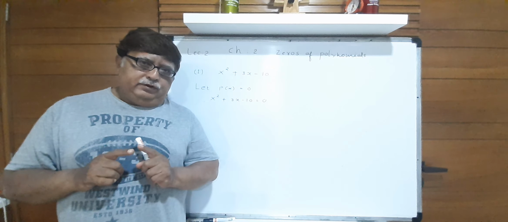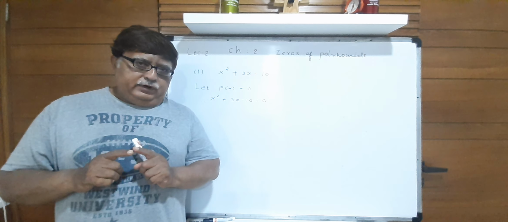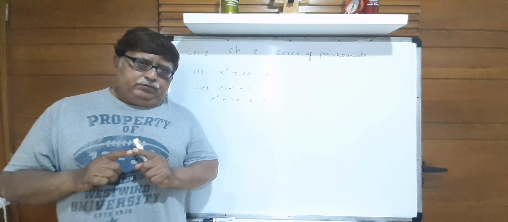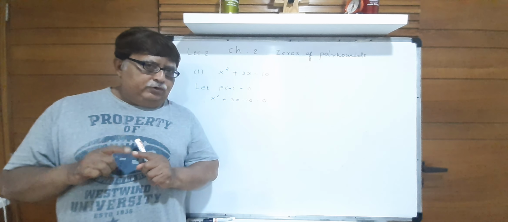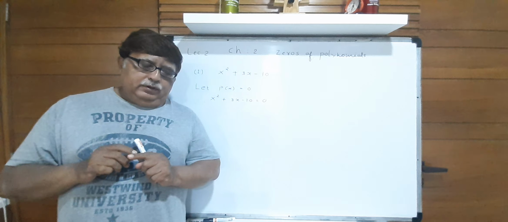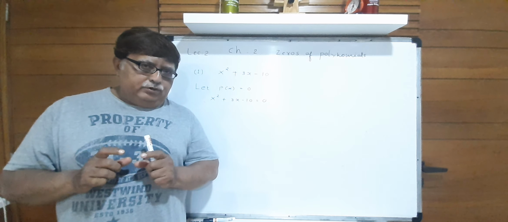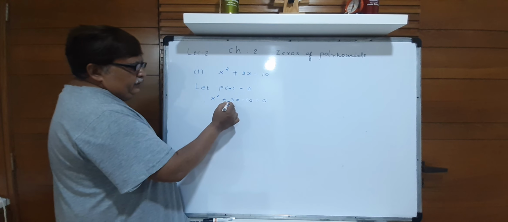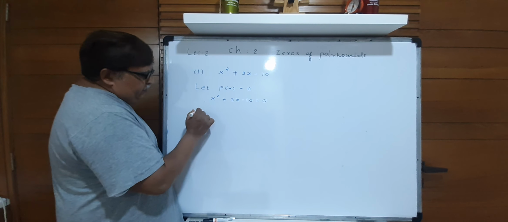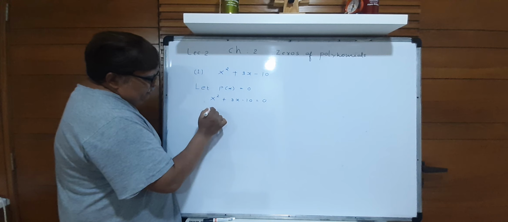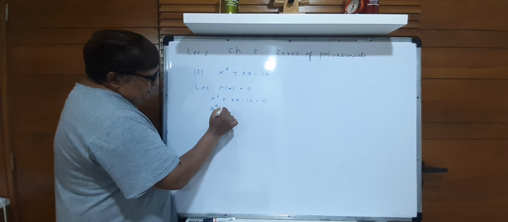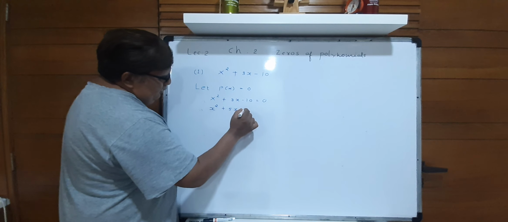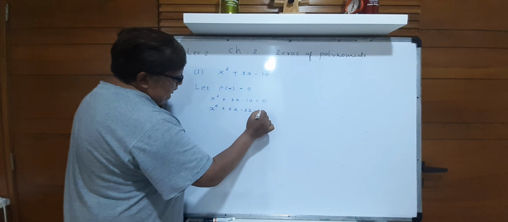2 factors which you thought, 5 and 2. 5 is a greater factor, 2 is a smaller factor. So out of the 2 factor, greater factor must have this sign, and rest opposite sign. So you can write this way. Here I will write plus 5x minus 2x minus 10.